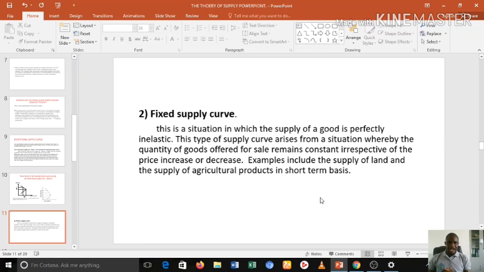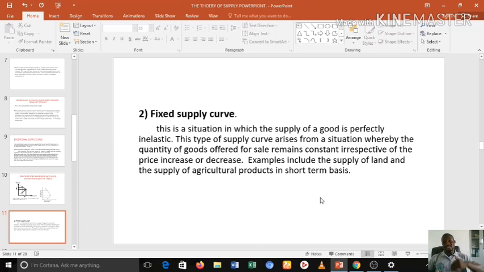You understand? If, for example, the government fixes a price and says, sell tomatoes at this price, and we as suppliers realize that the price is low and we're not going to make profits, can we keep the tomatoes in our warehouse? We cannot keep the tomatoes in our warehouse because they are perishable. The tomato is going to get bad.